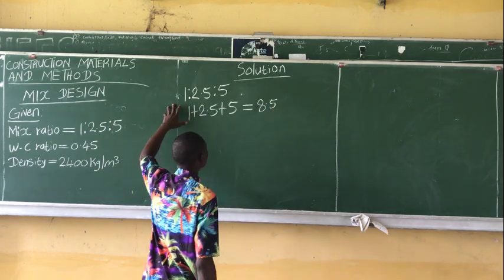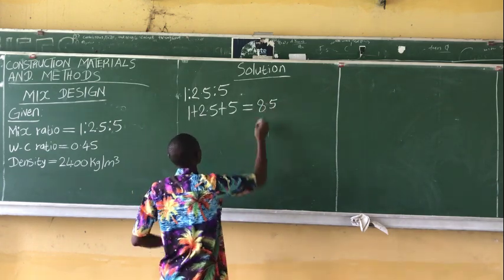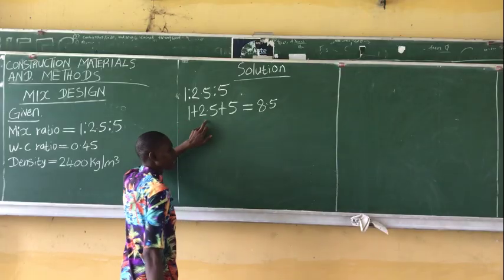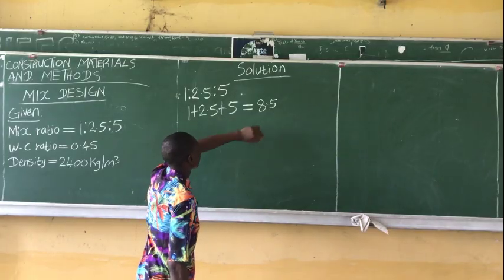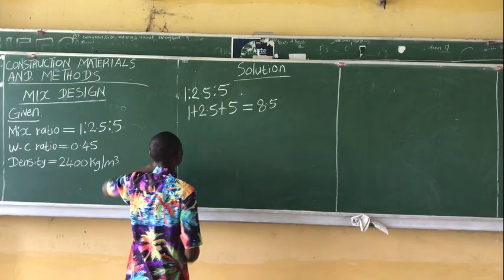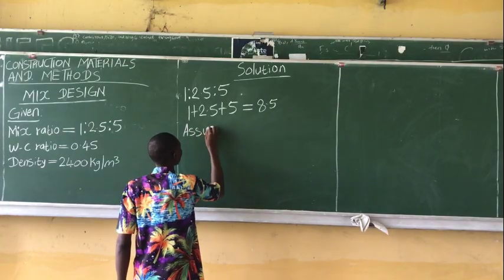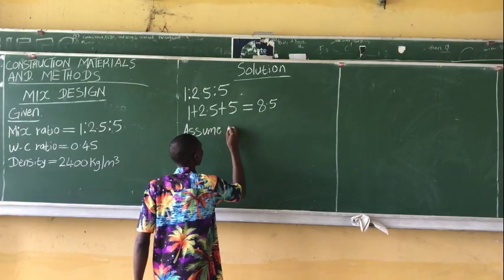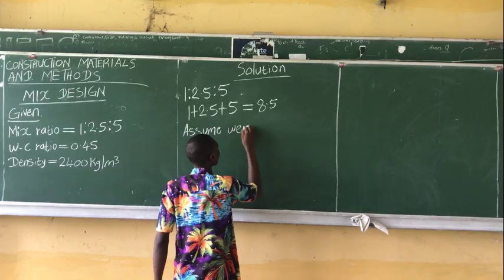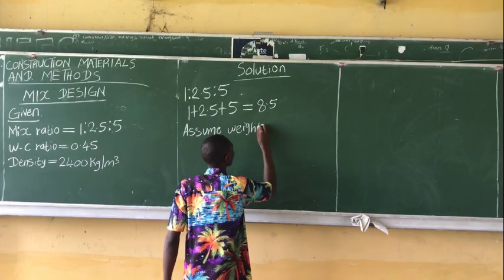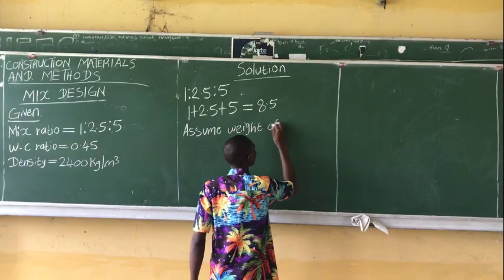So we have the addition of our cement, sand, and granite to give us 8.5. Now we assume the weight of cement.